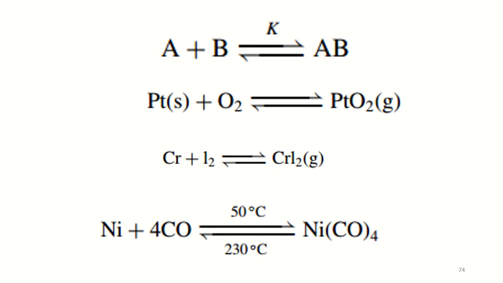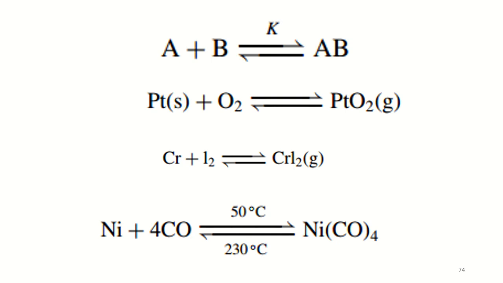The Van Arkel method for the purification of certain metals makes use of an exothermic reaction between the metal and iodine to form a gaseous iodide.